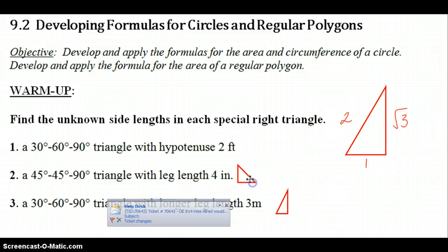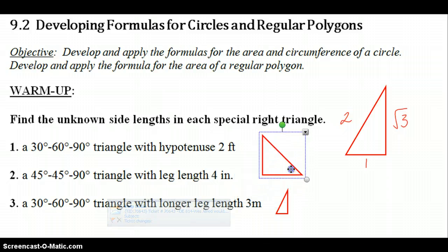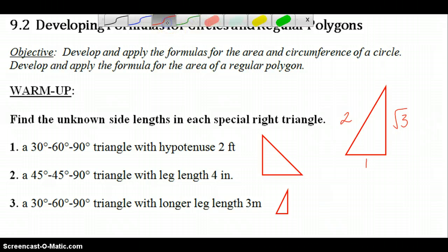Number 2. Let's take a look at this triangle. If we have a 45, 45, 90 and we are given that the leg length is 4, that means both of these are 4. The hypotenuse of a 45, 45, 90, remember, is the leg length times square root of 2.